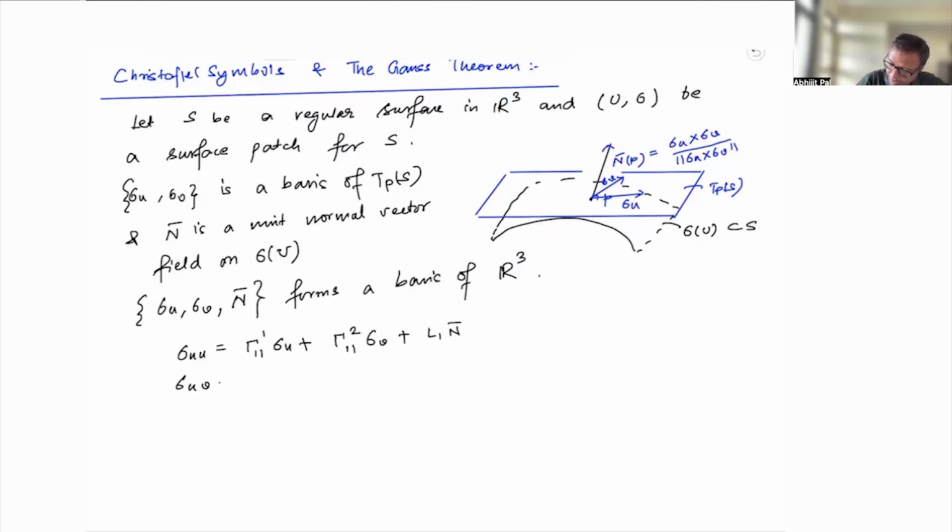Sigma uv is equal to gamma 1 1 2 sigma u plus gamma 2 1 2 sigma v plus L2 N bar.